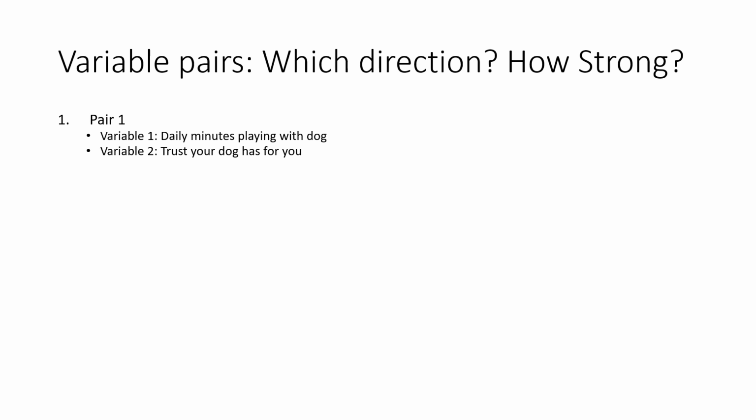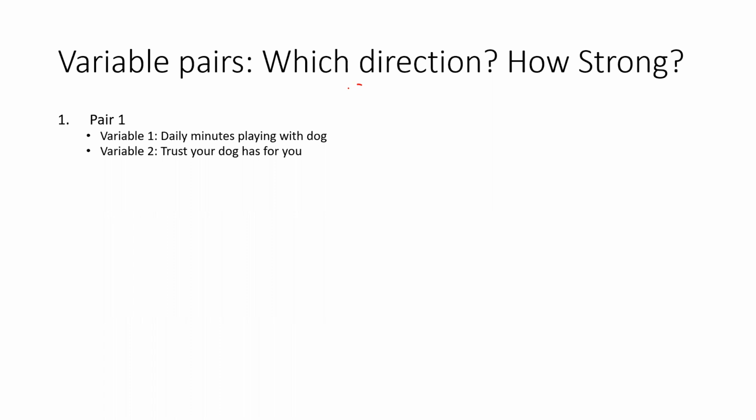And if you think that that would be really pretty good, you could really pretty accurately predict trust based on this, then you'd say that's a strong relationship. If you think it's going to be in the middle, then it's a moderate relationship. And if you think it's pretty weak, then you'd just say it's a weak relationship. And maybe you think it's nothing at all.